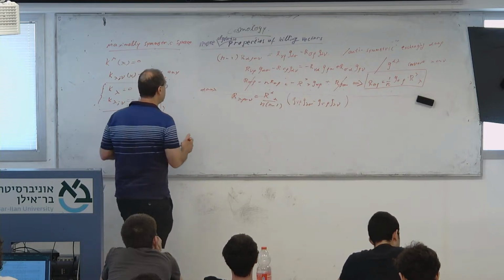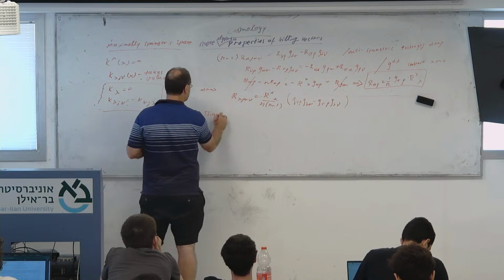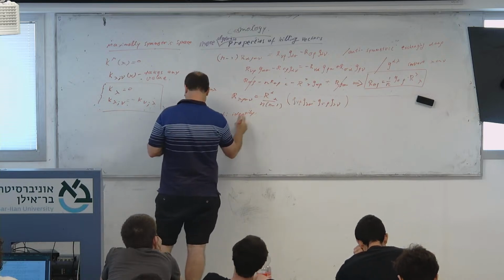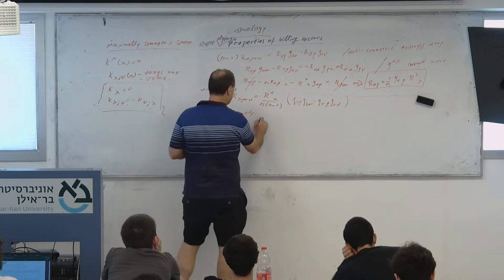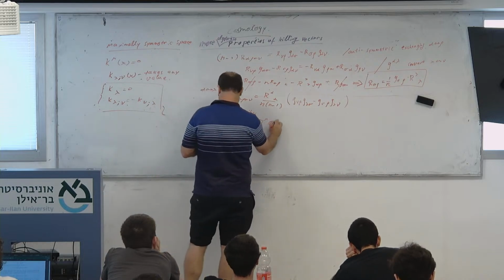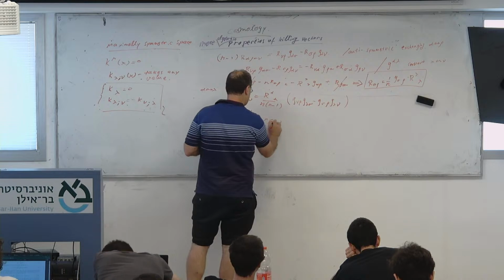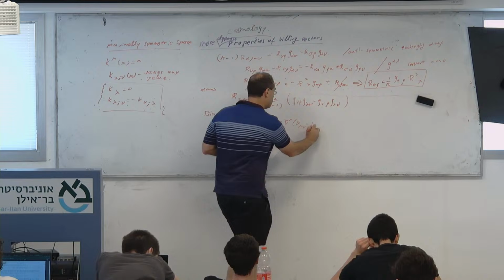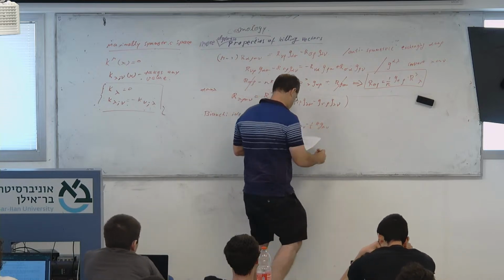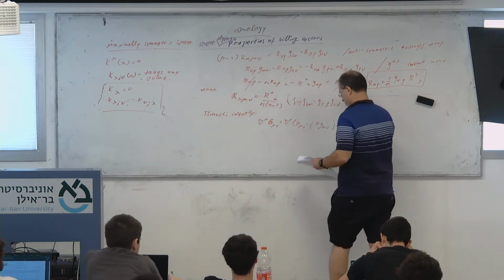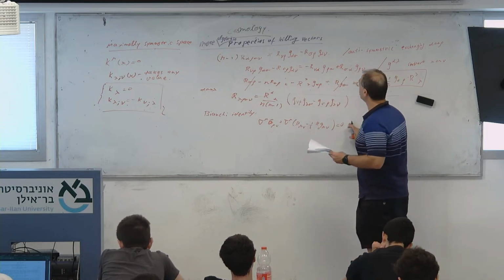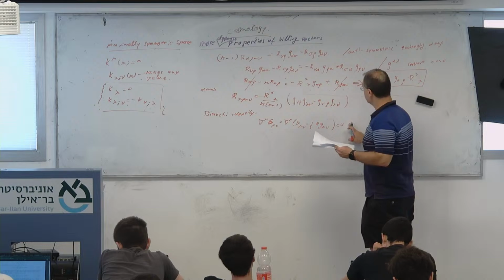So if we have the Bianchi identity, nabla mu G mu is nabla mu R mu minus 1/2 R G mu is equal to 0. So we're going to put that inside here.